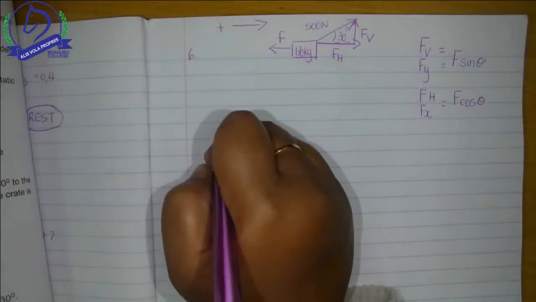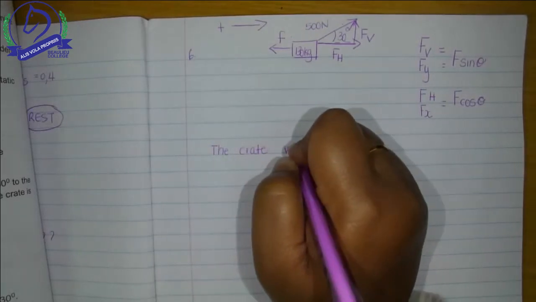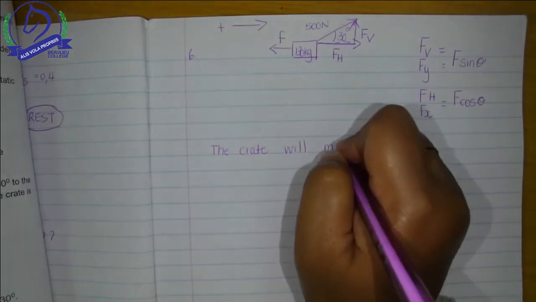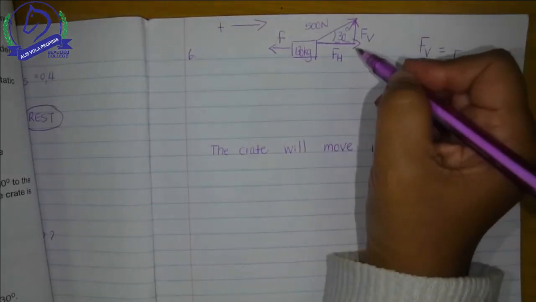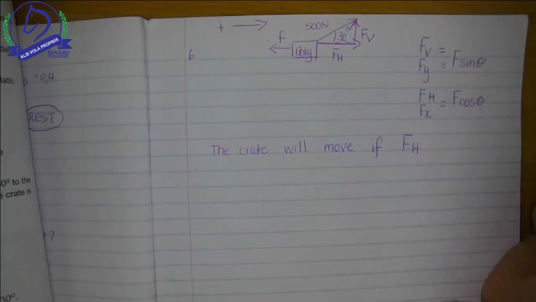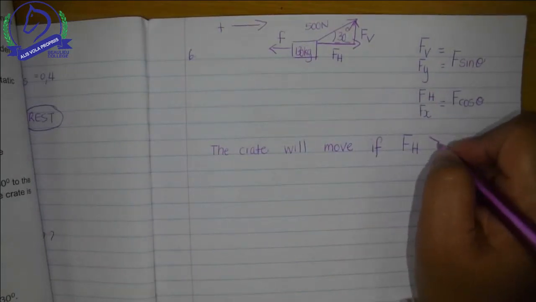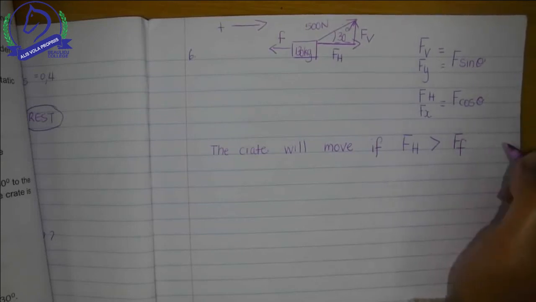The crate will move if, do you agree that if the horizontal component, which is FH, is greater than your frictional force?